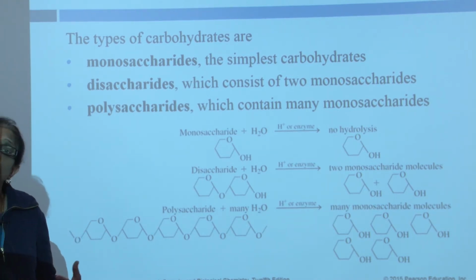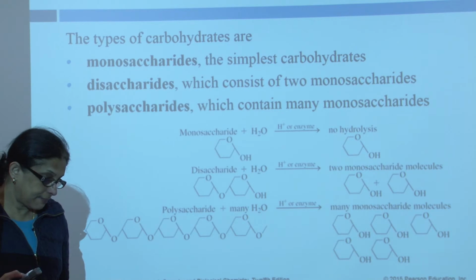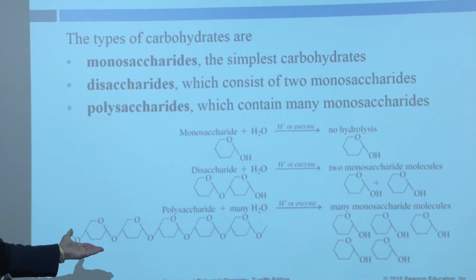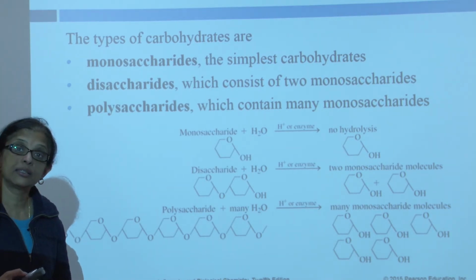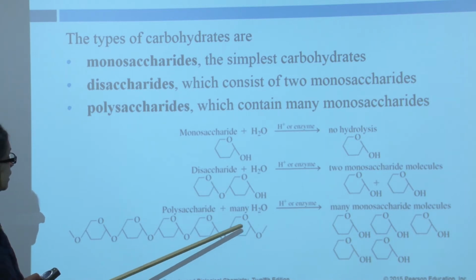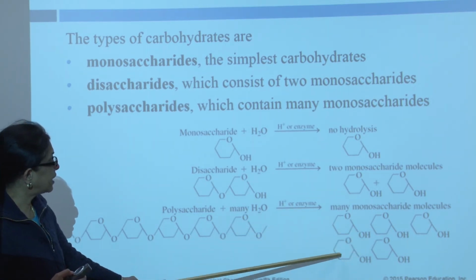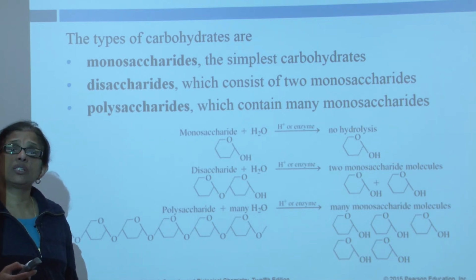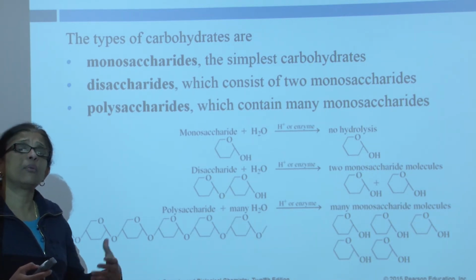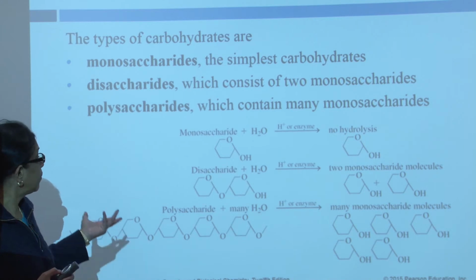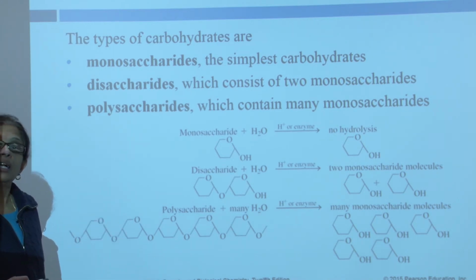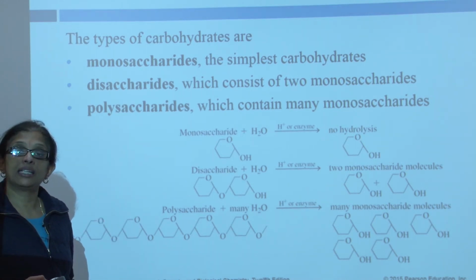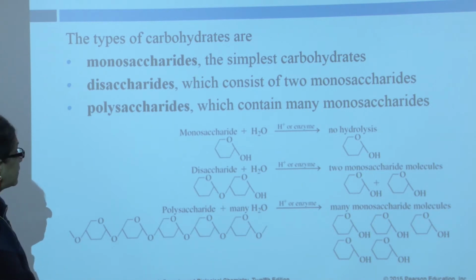Polysaccharides have multiple monosaccharide units, and when we hydrolyze or break these polysaccharides, you get several monosaccharide units. So a carbohydrate can be a monosaccharide, disaccharide, or polysaccharide. There are more, such as trisaccharides, but we are looking at these general examples to give us an idea of what carbohydrates are.